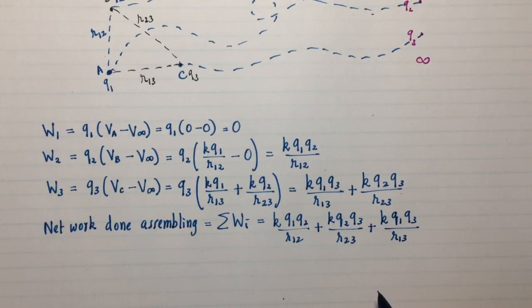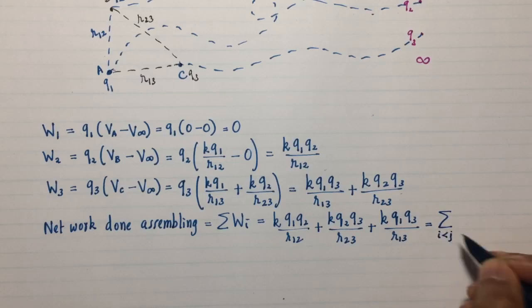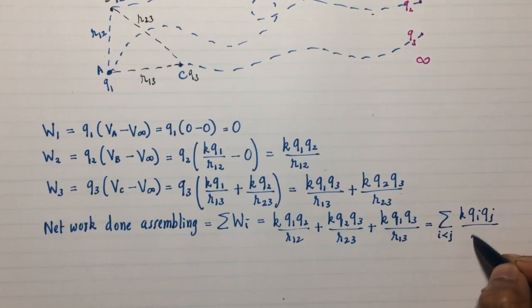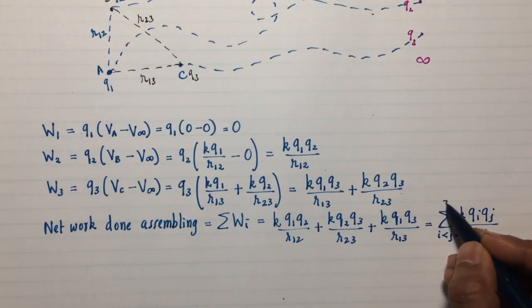Now there is a compact way to write this using the summation sign, and that is the following. I'm going to write this as the sum over i less than j of kqi qj divided by rij. Now it's understood that i goes from 1 to 3.